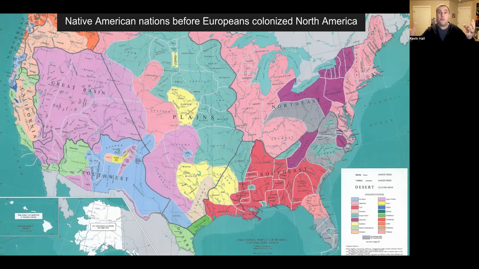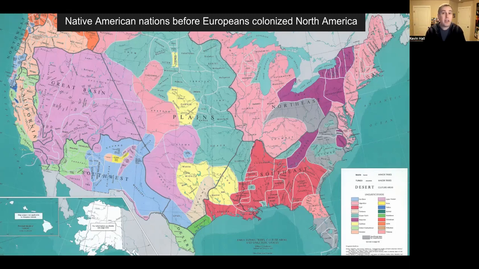They called it whatever they were called, right? And so we can see that different nations actually existed here before Europeans colonized it, and then eventually it became the United States of America. And so these are the people who were here first.